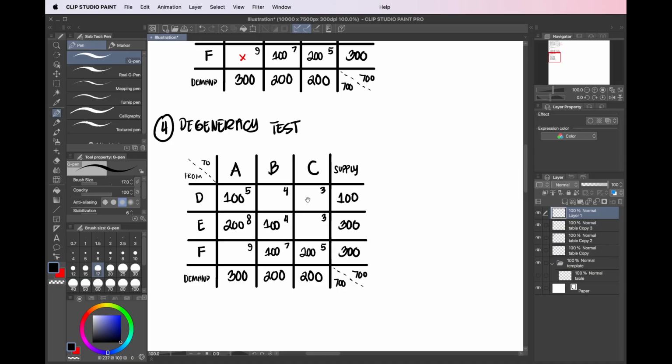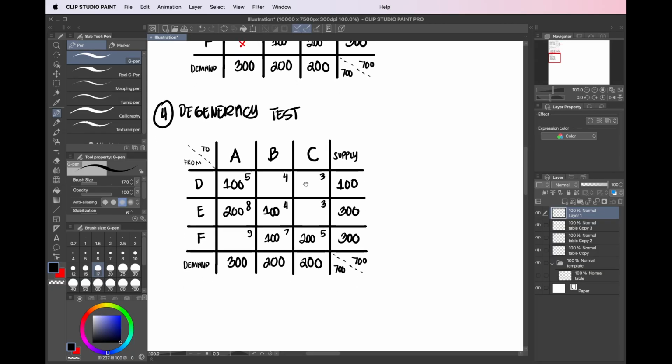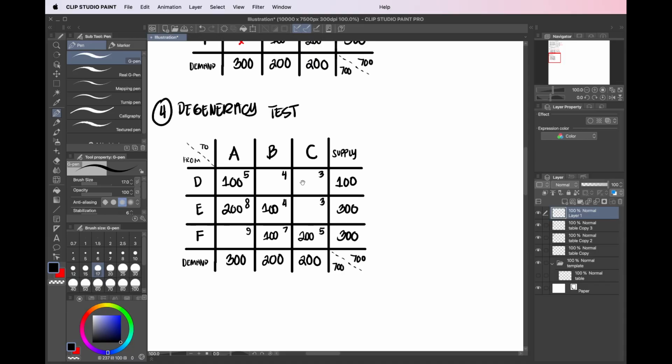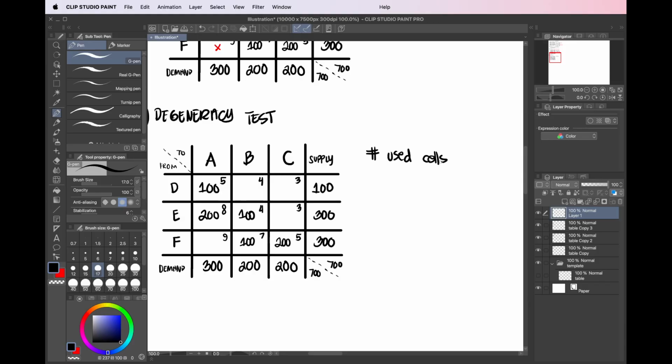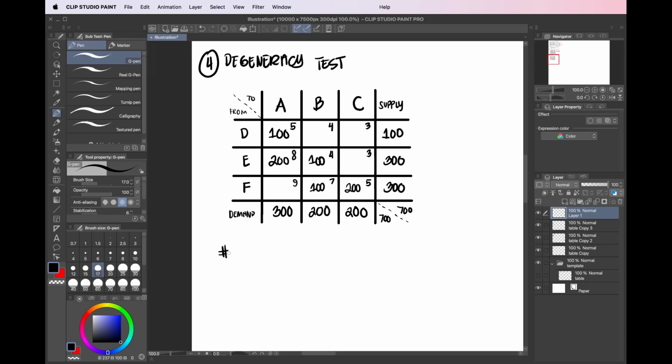So the degeneracy test. We just basically follow this formula. Number of used cells is equal to the number of rows plus the number of columns minus 1.